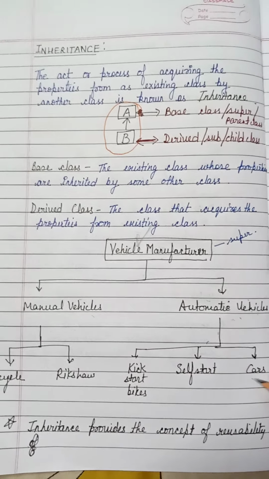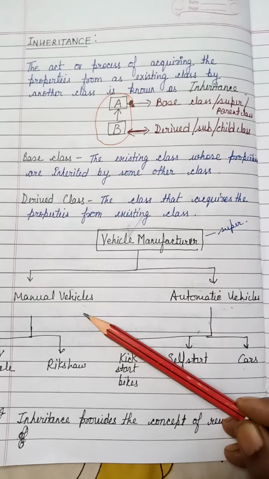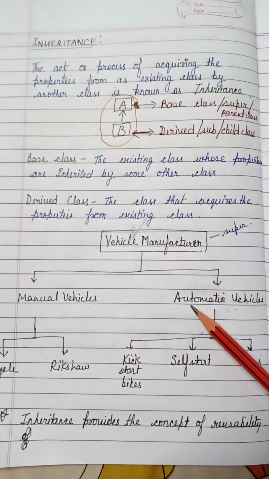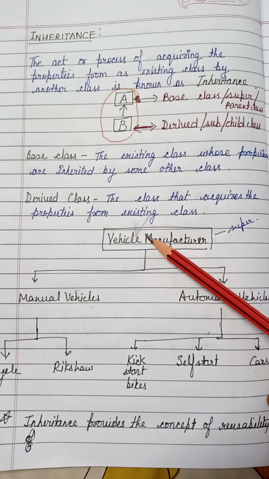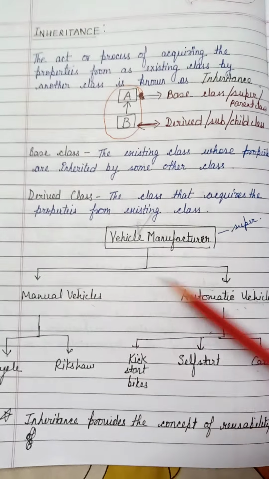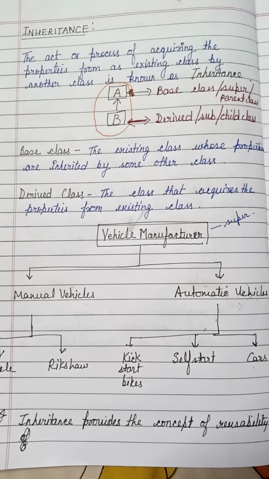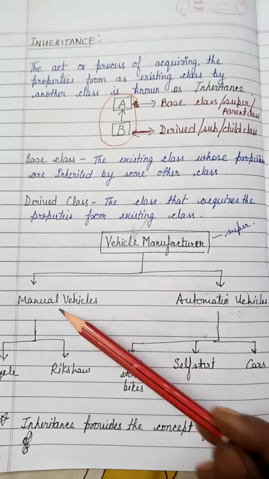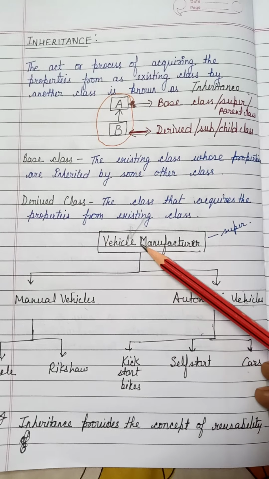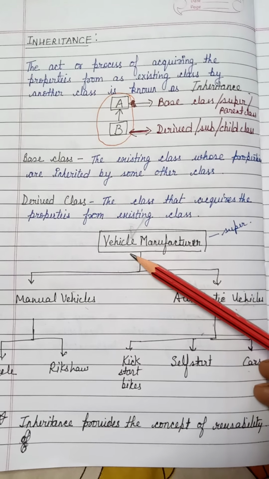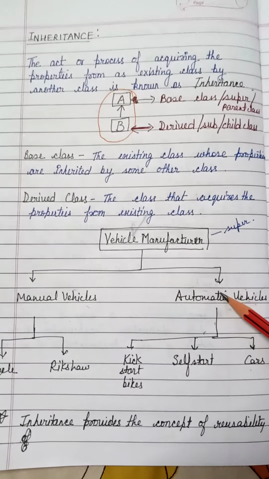These are subclasses of vehicle because both are types of vehicles. So they will share the common properties of vehicle, but one will be manual vehicles and the other automatic vehicles. A few features will be common because both share the superclass vehicle. So the properties of vehicle will be there in both.